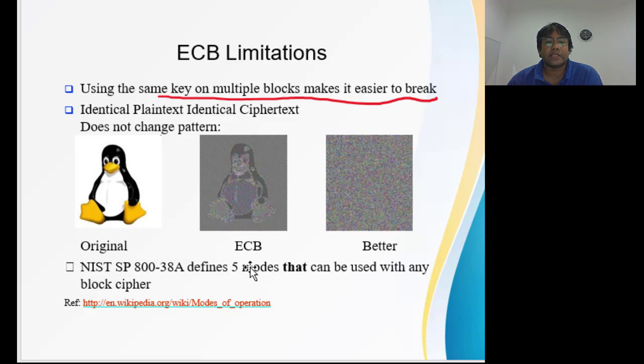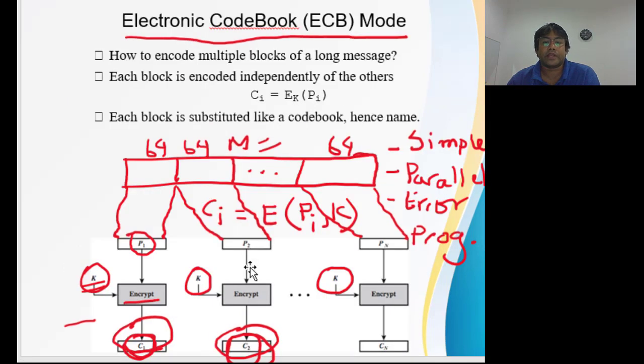Another notable disadvantage is that identical plain text will create identical ciphertext. It means that, let's say, if P1 is equivalent to Pn, in that case, C1 also should be equivalent to Cn.